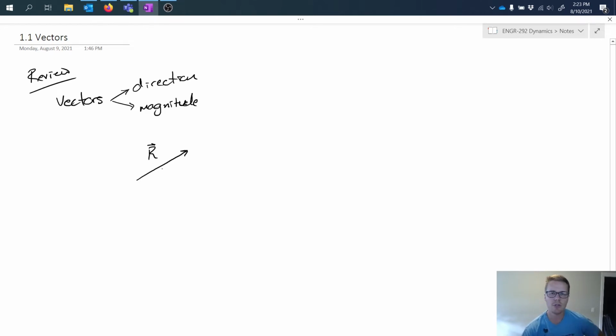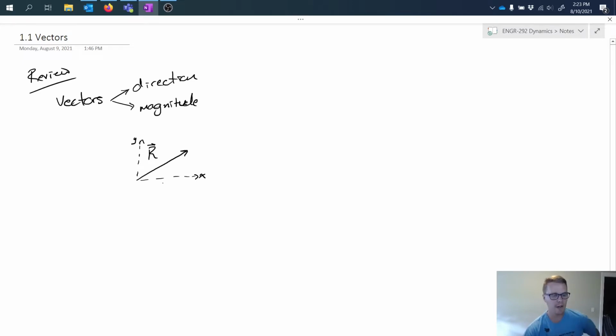Usually to do that, we need to specify a coordinate system that we're going to represent that in. For convenience, it might be useful to represent a coordinate system with its origin at the tail of the vector, and we'll use a standard XY coordinate system.